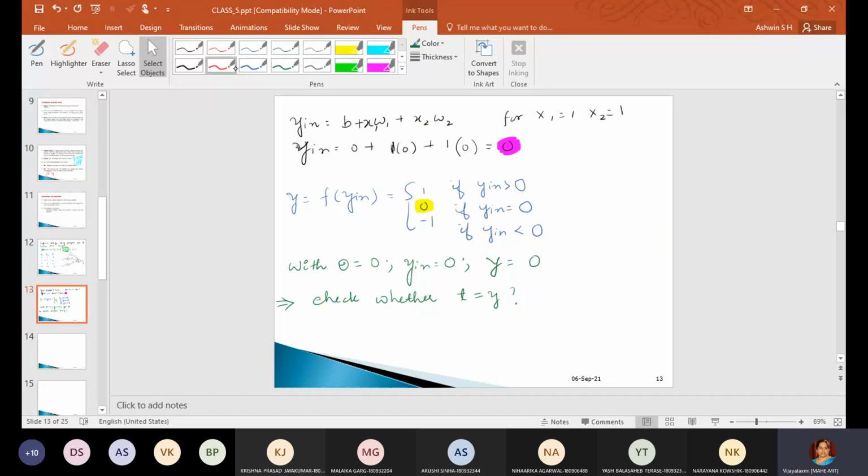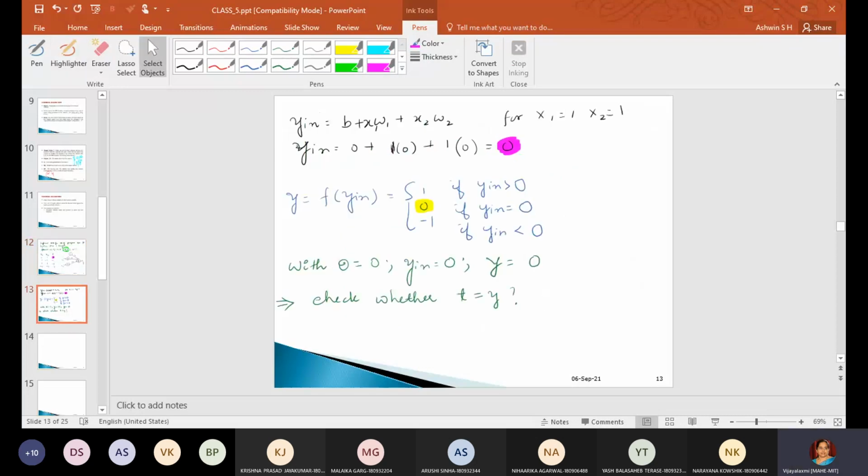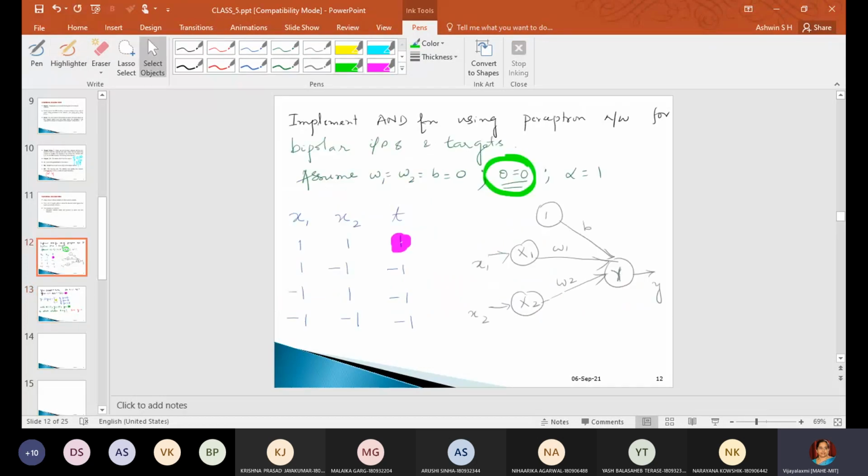Now just go back and see what the target value is. Target value is 1. So here I'll write it. Now target value t is 1 and y is 0, right?